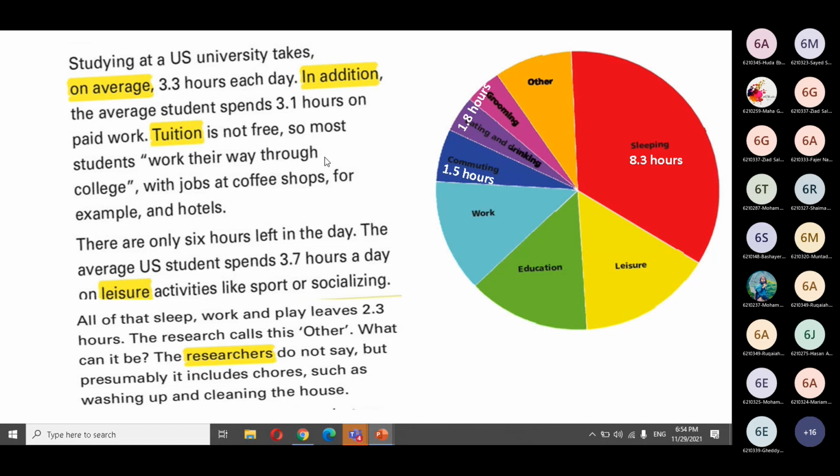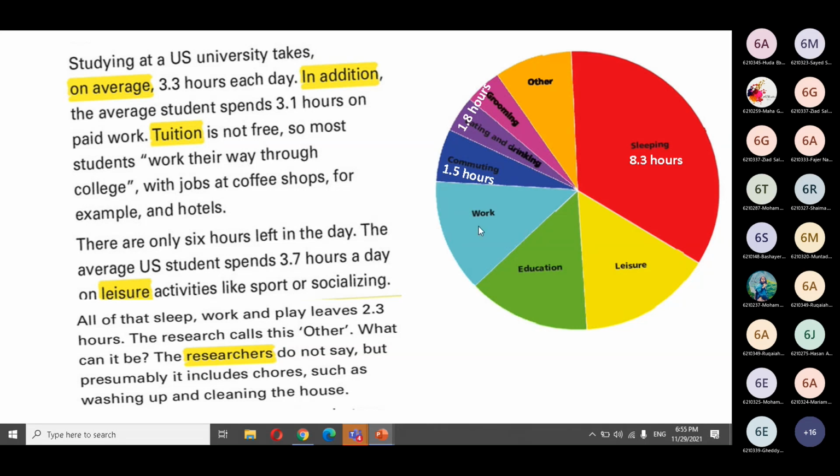3.3. Yes, and then the next activity is what? Tuition. Students, they do paid work. Okay, no, tuition, this is education. Tuition means learning, because they have to pay. So here the next one is paid work or work, and they spend 3.1 hours on paid work.